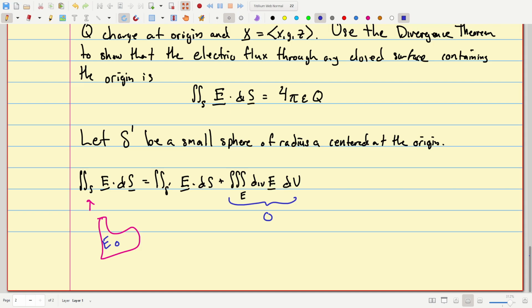To use the vocabulary that you just used, I'm making a much smaller Gaussian surface inside the Gaussian surface that I have, in order to get rid of however complicated the outer surface is.